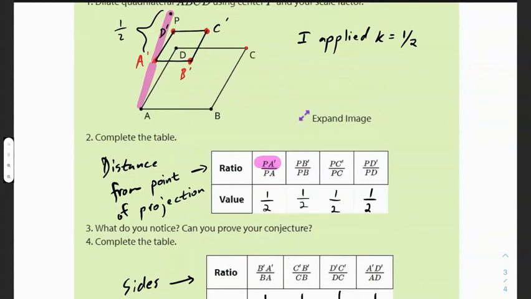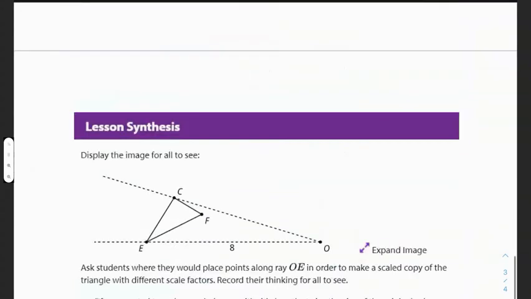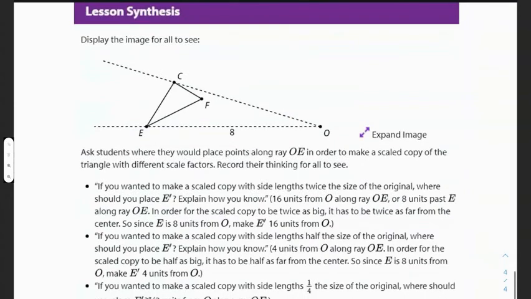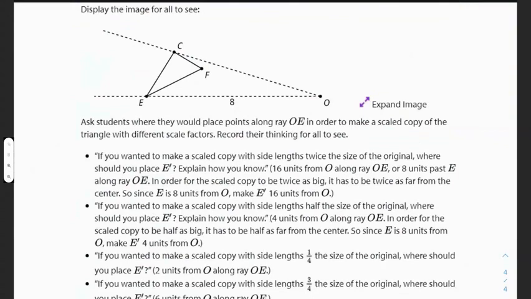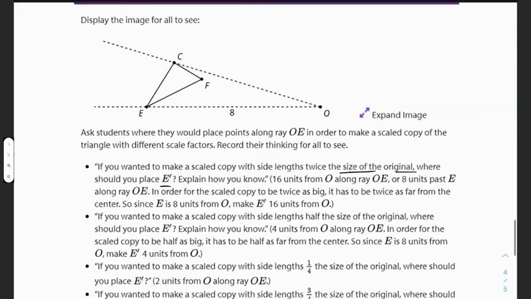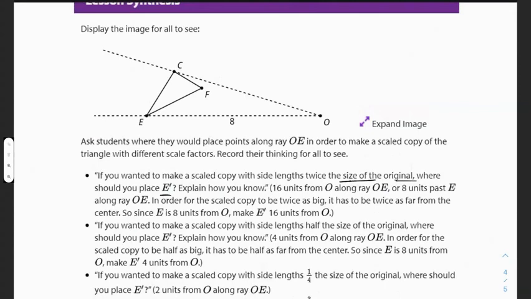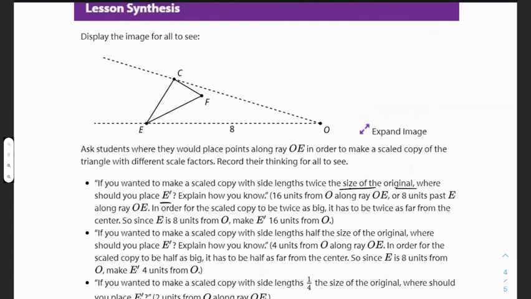Same deal. Okay. So in synthesis for the lesson, if you want to make a scaled copy with the sides twice the length of the original, where you place E prime, it's definitely got to be in relation to your point of projection, which is O here.